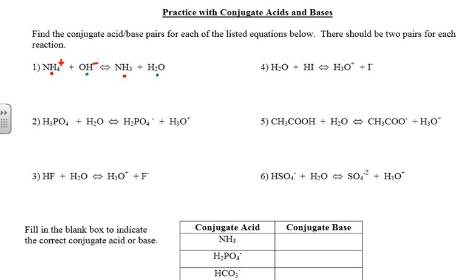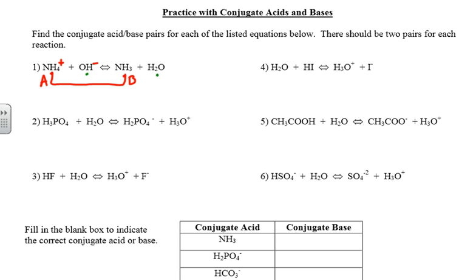So we see that those are conjugate pairs, but now you have to decide which one's the acid and which one's the base. So if we look at the ammonium and the ammonia pair, you can tell which one's the acid because it will have one more hydrogen than the other one. So in this case, the conjugate acid is the ammonium and the conjugate base is the ammonia.